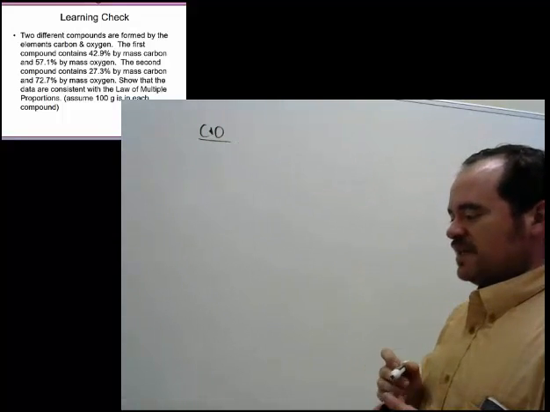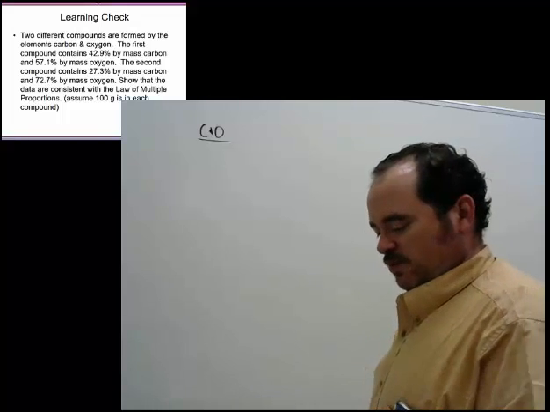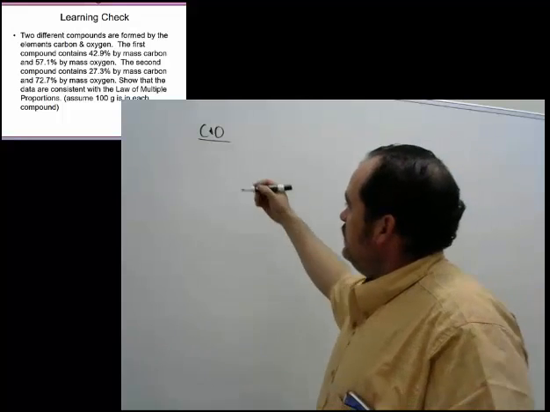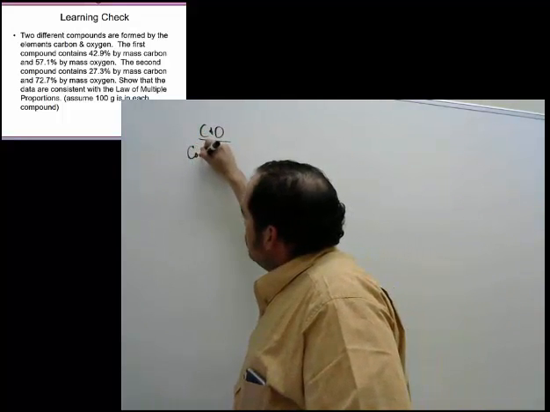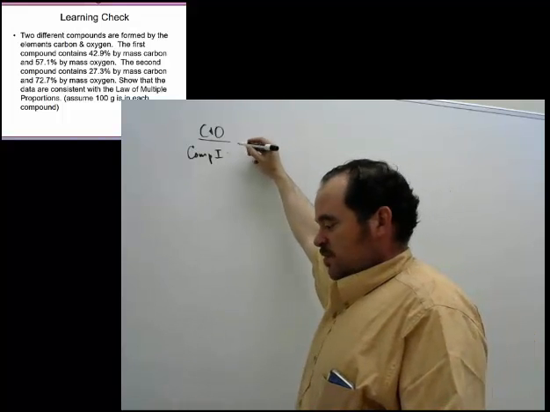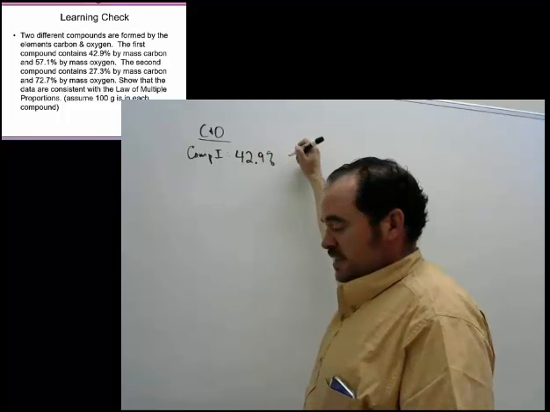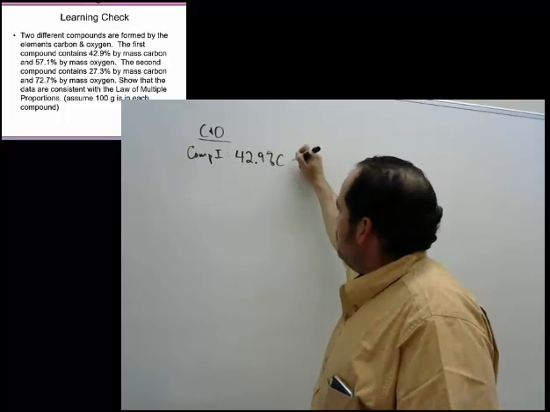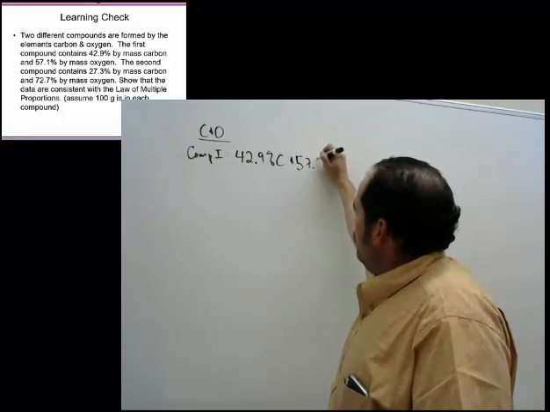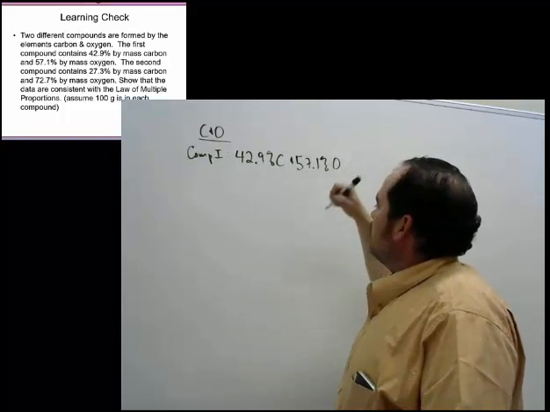The first compound contains 42.9% by mass carbon and 57.1% by mass of oxygen. So in, let's say, compound 1, what we have is 42.9% by mass carbon, and 57.1% oxygen.